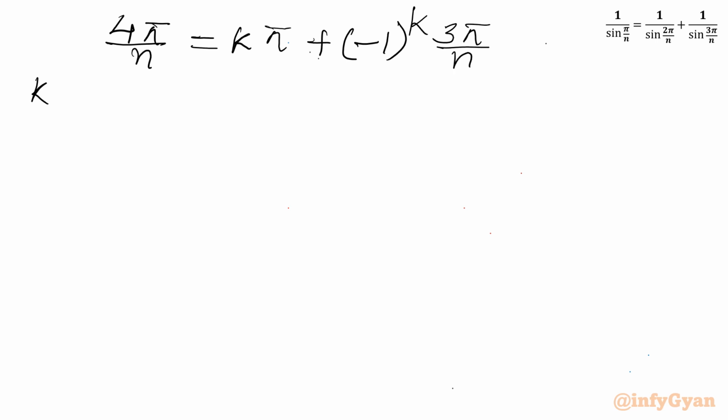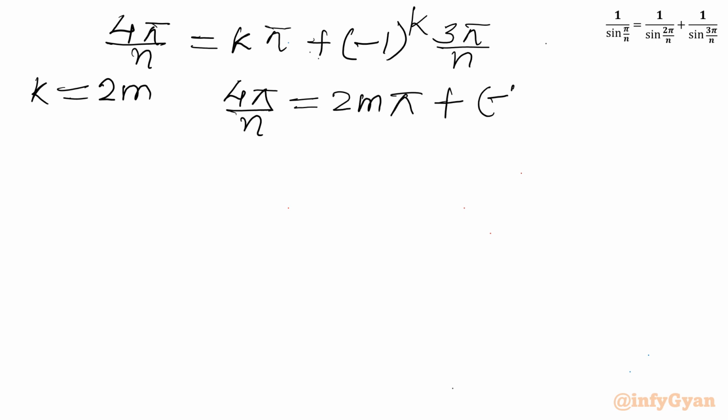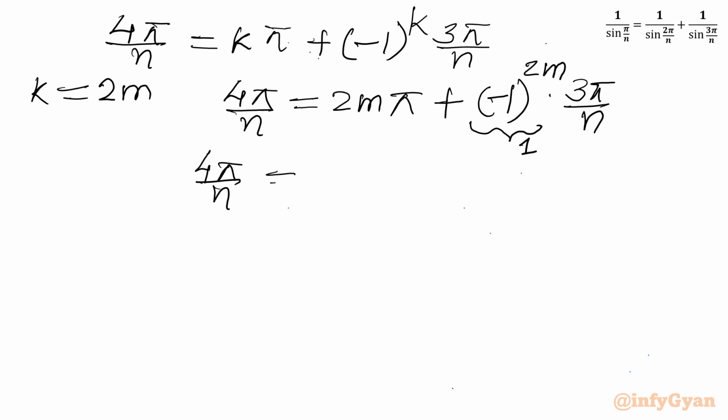Let's apply k equal to 2m. So I will write 4 pi over n equal to 2m pi plus minus 1 raised to the power 2m times 3 pi by n. Minus 1 raised to the power 2m, this value will always be 1. So I can write 4 pi over n equal to 2m pi plus 3 pi over n.